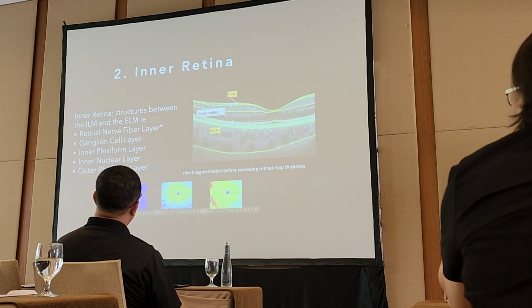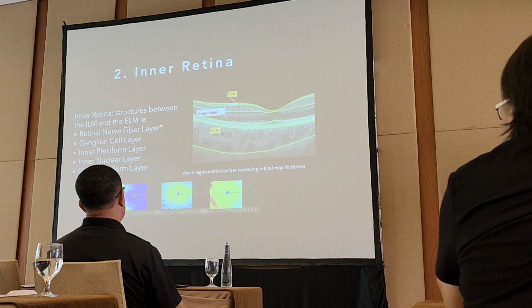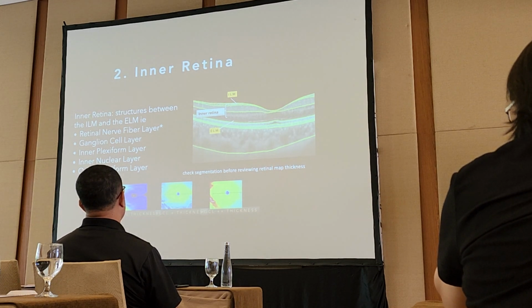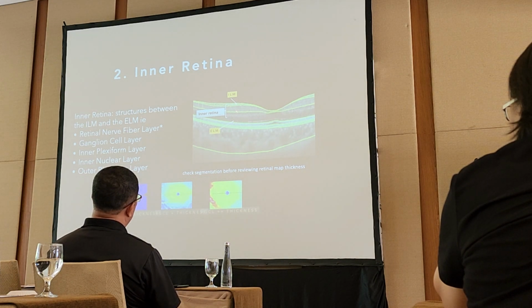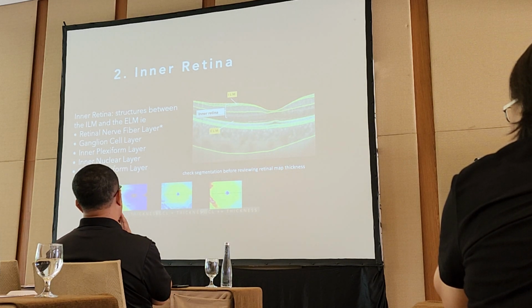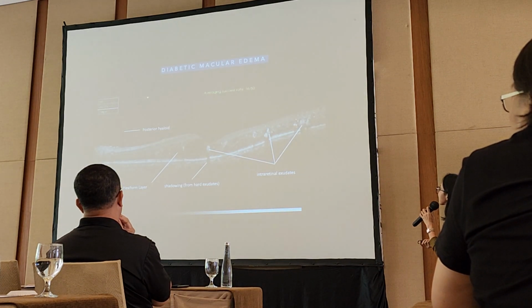Okay, I would like to remind that we need to check the segmentation before reviewing the retinal thickness map, because if the segmentation is not correct, the retinal thickness map will think that the ILM is, let's say, from here to here. Or maybe we want to see the abnormalities in the RPE, but the segmentation is not correct, then we will have incorrect results.